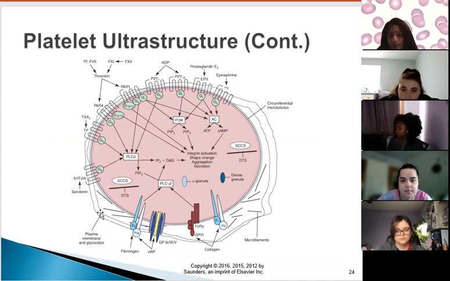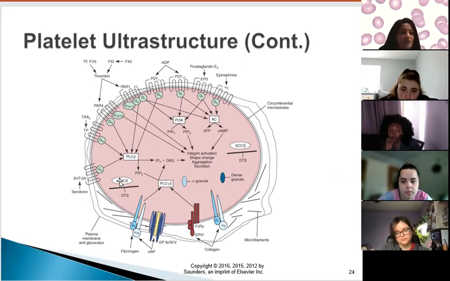All right, so this is the plasma membrane and the glycocalyx, right, all around it. There is the surface connected canalicular system, right? You have, let's see, the alpha granules, the dense granules right here, as you can see. You have the cytoplasmic microfilaments, collagen.